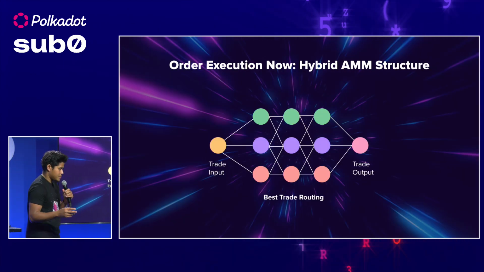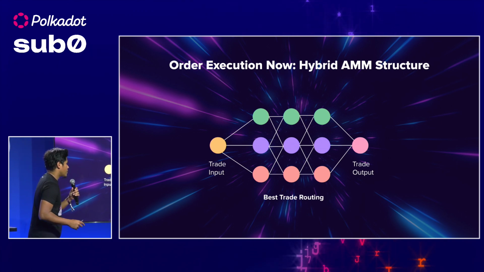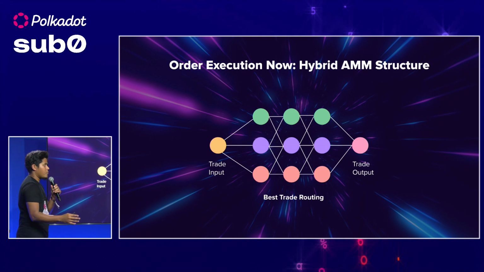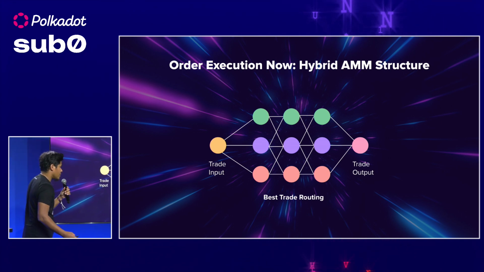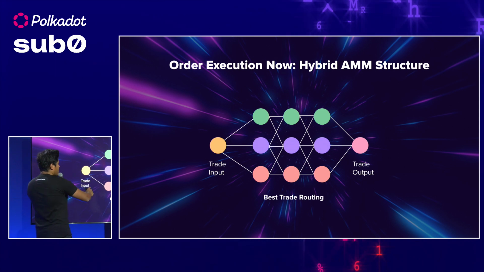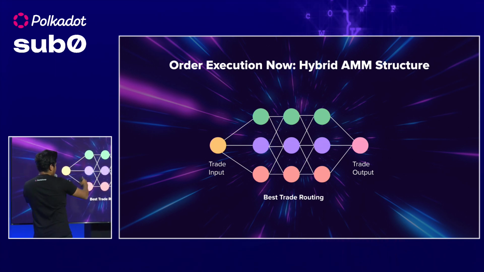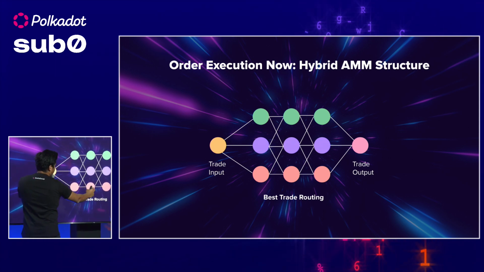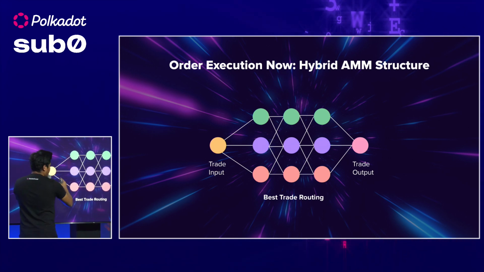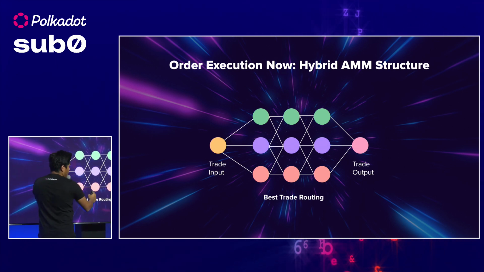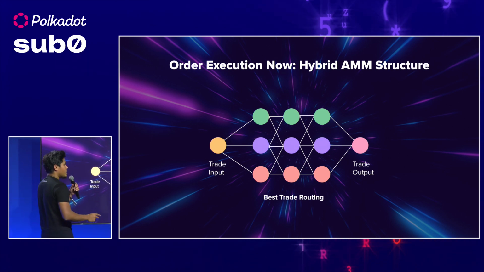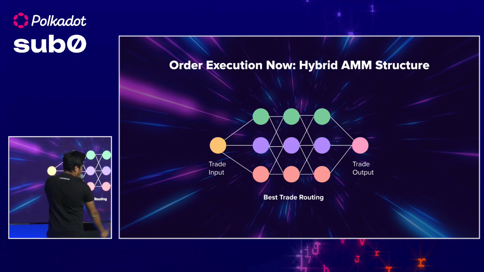So what does the router do? Whenever a user inputs, for example, that he wants to buy DOT using a stable coin, that's his input, and our router will automatically look across each AMM. Each row is a different AMM, and they cross-compare to find the most efficient way to get the DOT, which is the output of the swap.